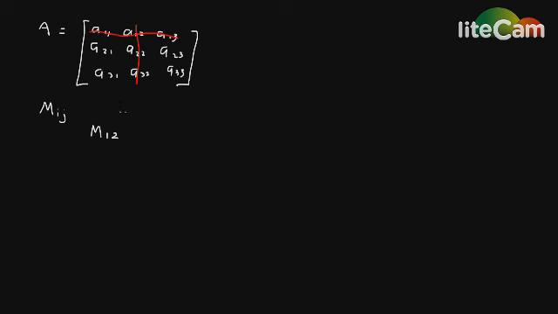So the minor 12 is equal to the determinant of the matrix that's left behind after deleting row 1, column 2, which is the determinant of A21, A23, A31, A33. And then in order to calculate the actual value, we're going to stick a positive in front and multiply these, and we're going to stick a negative in front and multiply these.